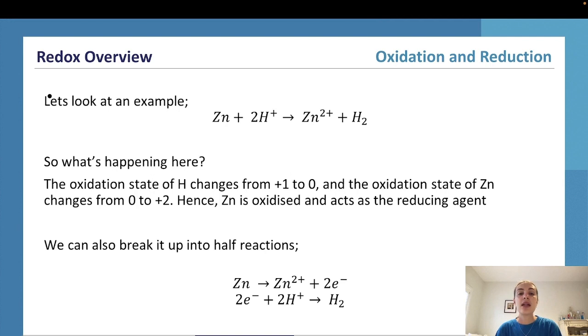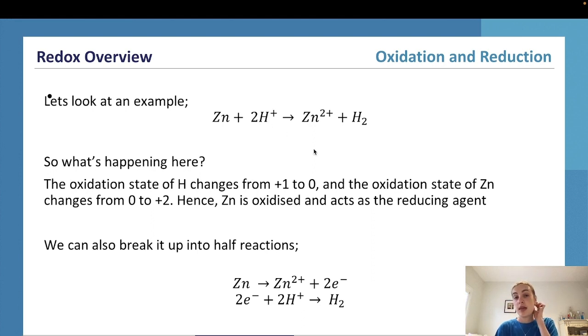So essentially, we want to look at what is happening here in this reaction. We can see that the oxidation state of the hydrogen is going from +1 to 0, because remember, applying our rules, anything with a charge has an oxidation number equal to the charge of that given ion.